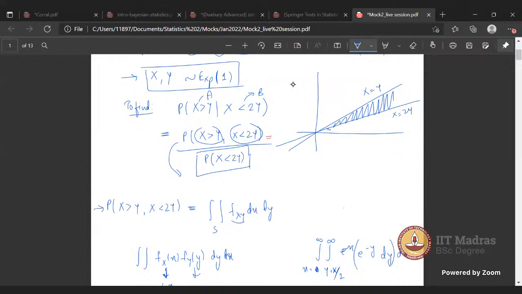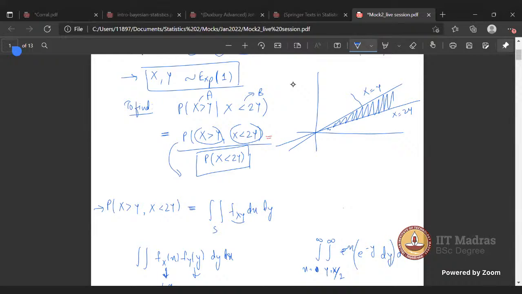We integrate the upper function, that is x equals y, and subtract the integration of x equals 2y. That is implying putting it into the PMF formula. What is your limit? From 0 to infinity for both, because we are only differentiating with respect to one variable. We'll take dx, then we will represent all y in terms of x.